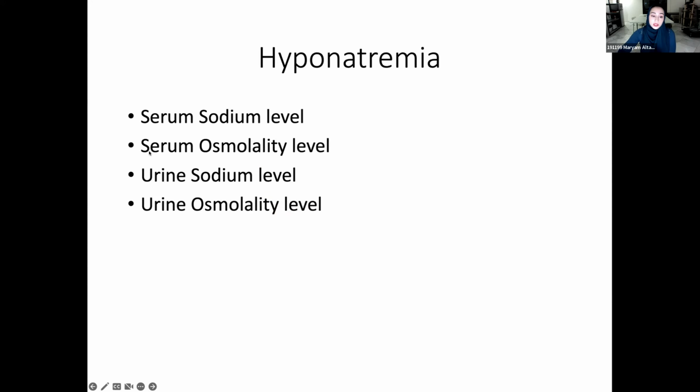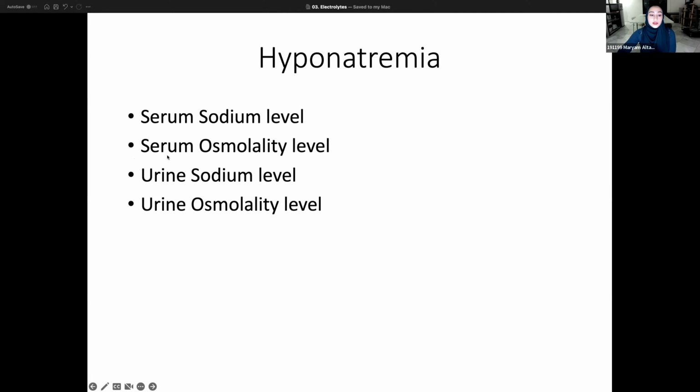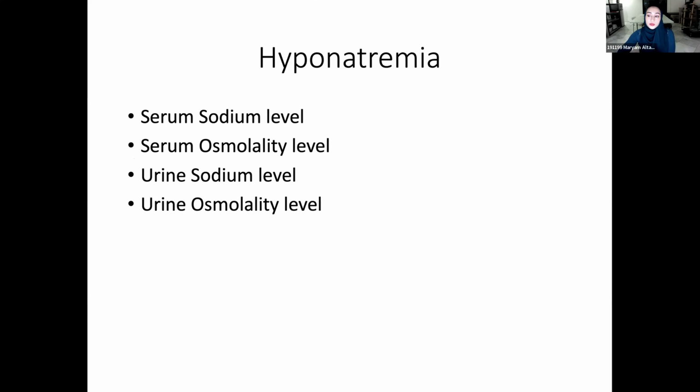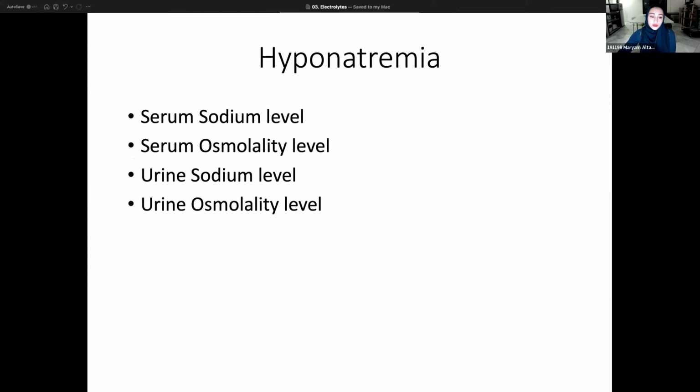However, if it's the opposite, if serum sodium is low, serum osmolality is low, but urinary sodium and urine osmolality are very high, your urine is very concentrated, then you're going to think maybe I'm reabsorbing too much water. So that would be the clinical clue for you to start thinking about syndrome of inappropriate ADH secretion. And we'll talk about the causes of that in a minute.